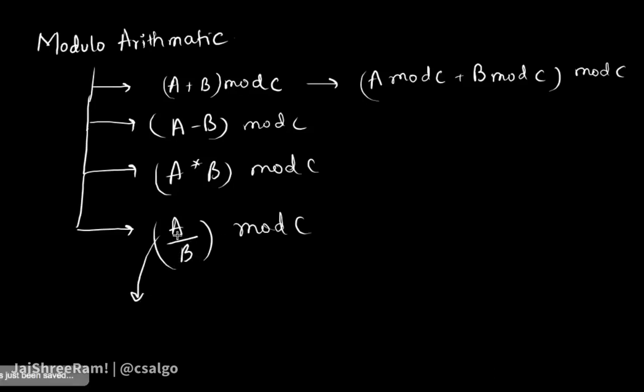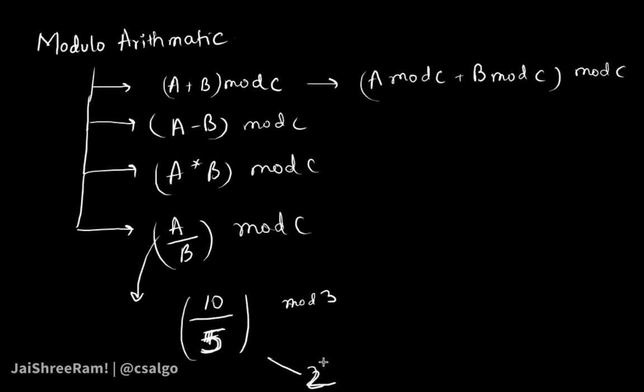Let's take 10 and 5, modulo 3. If we divide directly, we get 2, and then 2 modulo 3 is equal to 2, right?